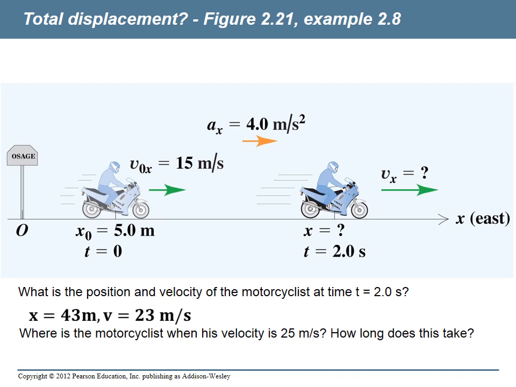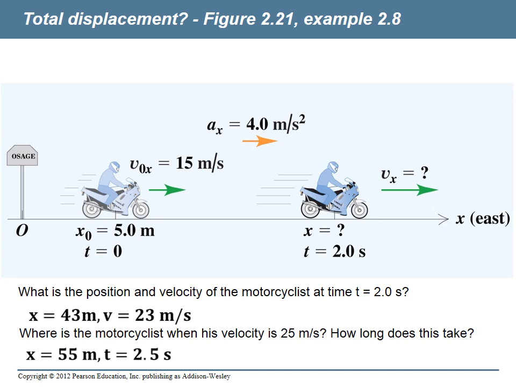We can solve for both the position as well as the time using a couple of those equations together. So try to do that now. And we'll work through several of these in class, but try to do this now.